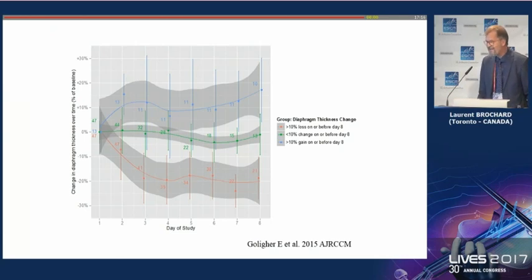Because when we tested the diaphragm function in the 3 groups, we found a normal function in this group, but we found a dysfunction, a weakness, both in the group with decrease in diaphragm thickness and the group with increase in diaphragm thickness. So by working too little, this group, or too hard, this group, you develop diaphragm dysfunction.